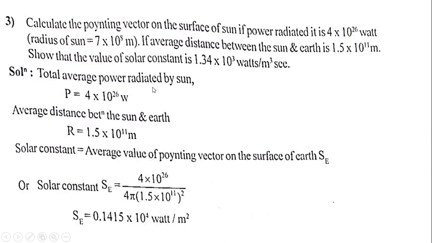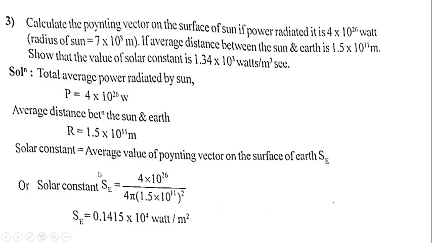Now, total average power radiated by sun, that is P equal to 4 into 10 raised to 26 watt. So average distance between the sun and earth is equal to R equal to 1.5 into 10 raised to 11 meter.